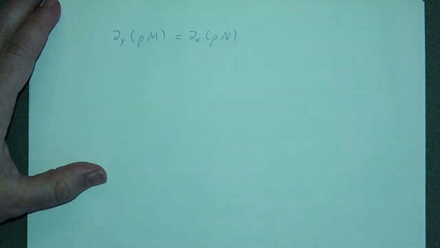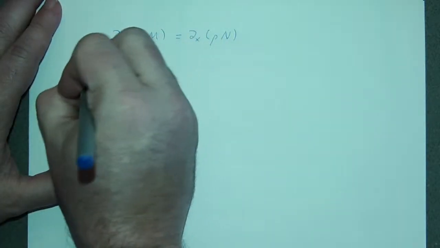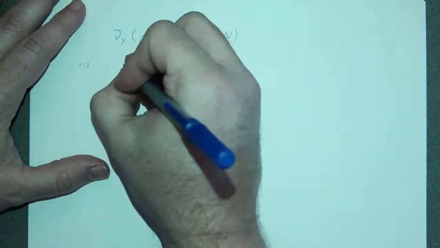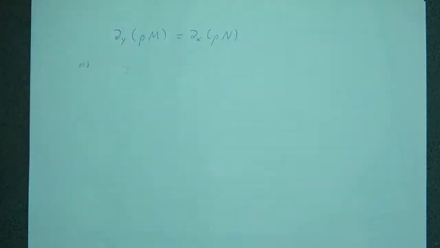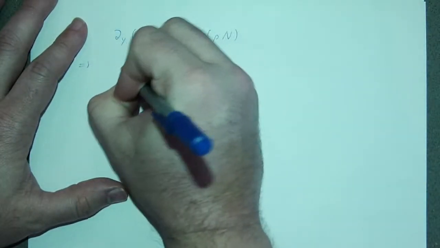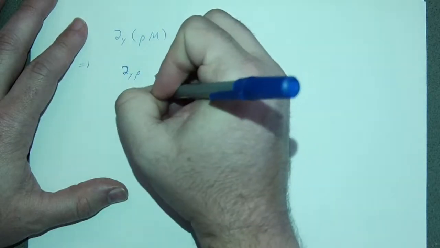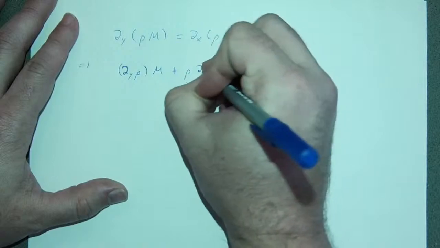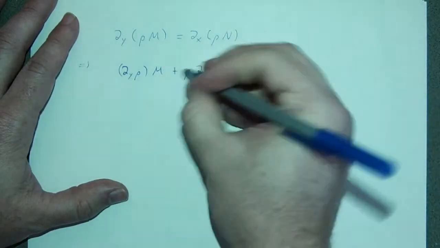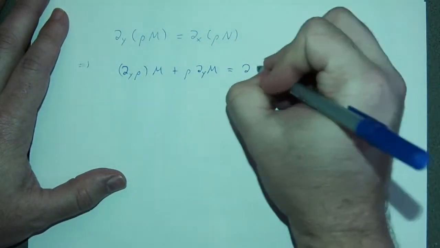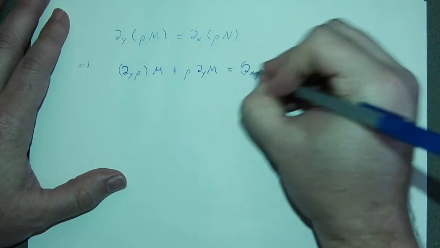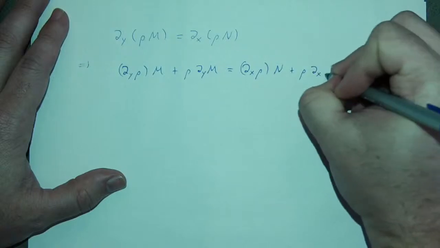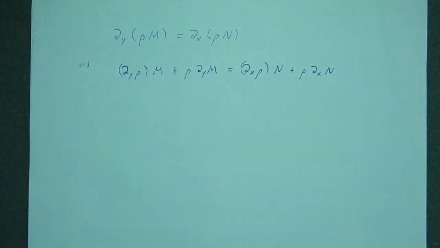Using the product rule for partial derivatives, what do I get here? I get that the y partial of rho times M plus rho times the y partial of M is equal to the x partial of rho times N plus rho times the x partial of N. So this is a more complicated expression.